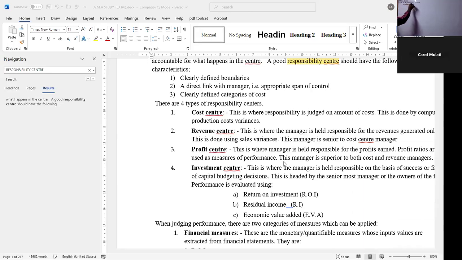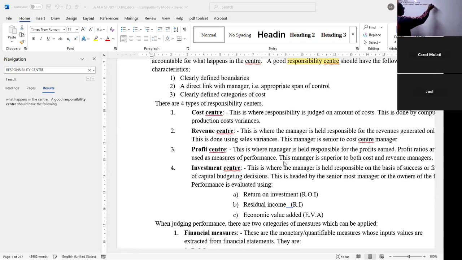So what we expected are 2 things. One is you mentioned the name. It's called responsibility center. Number 2, you tell us responsibility is judged on what? So the manager is judged on amount of costs.